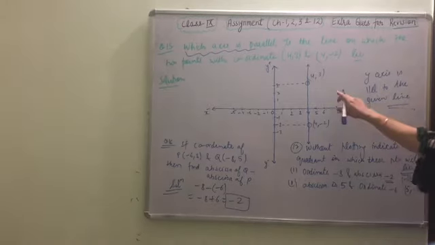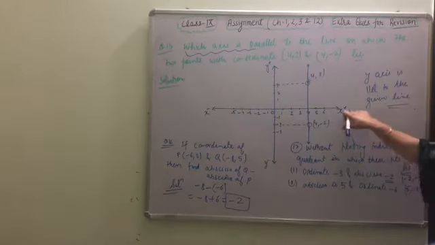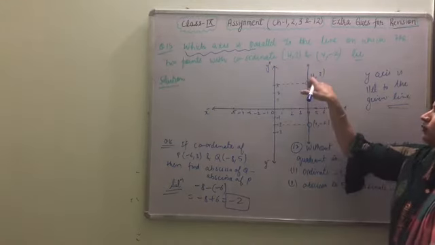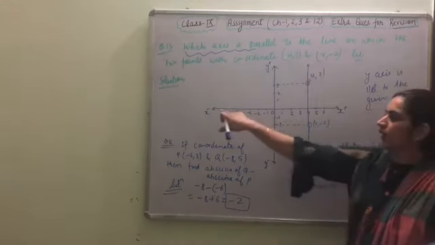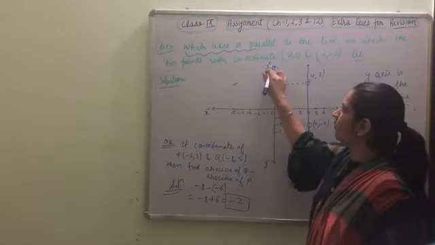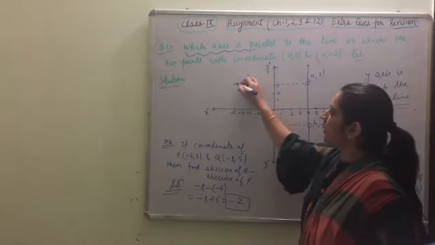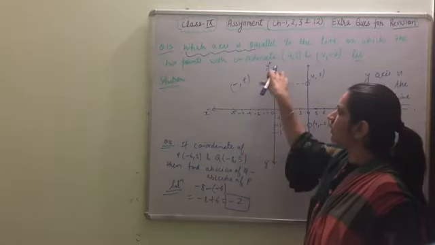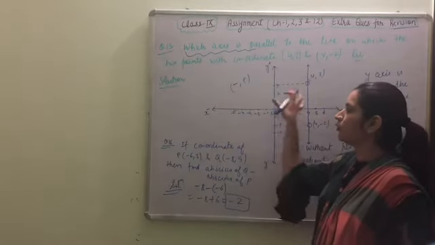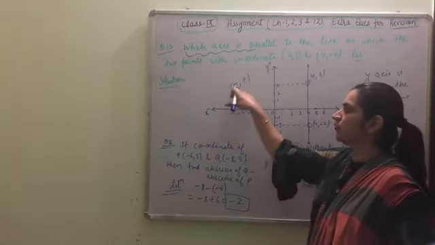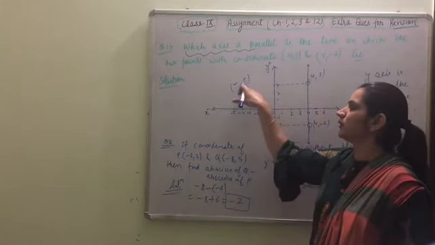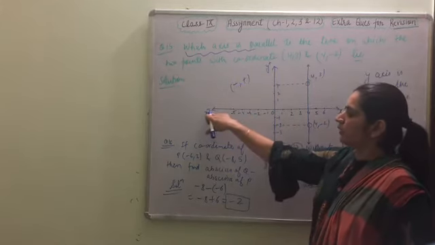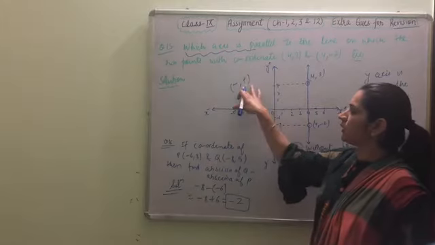Just look here in the same Cartesian plane. x is positive, y is positive, both positive in the first quadrant. x is negative and y is positive: first value negative, second value positive, whenever we mention, abscissa at the first place, ordinate at the second place. That is the second quadrant.